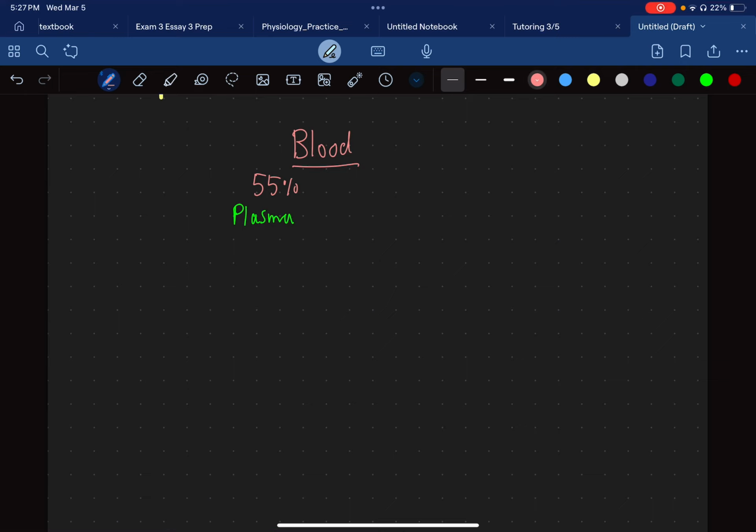And then 44-ish percent is our red blood cells, and then less than 1% is going to be our white blood cells and platelets.